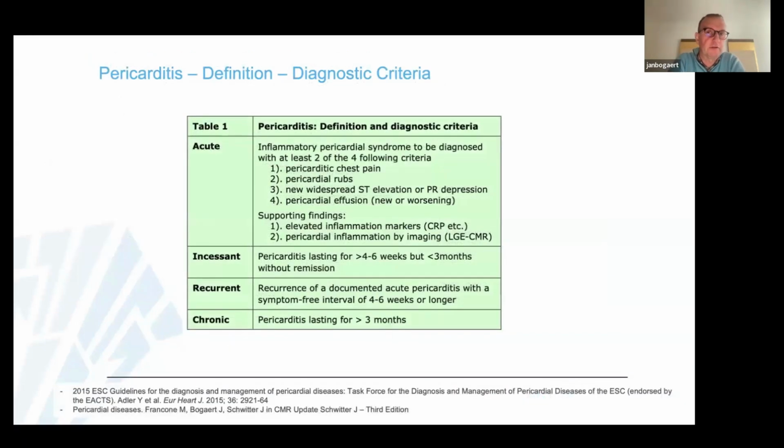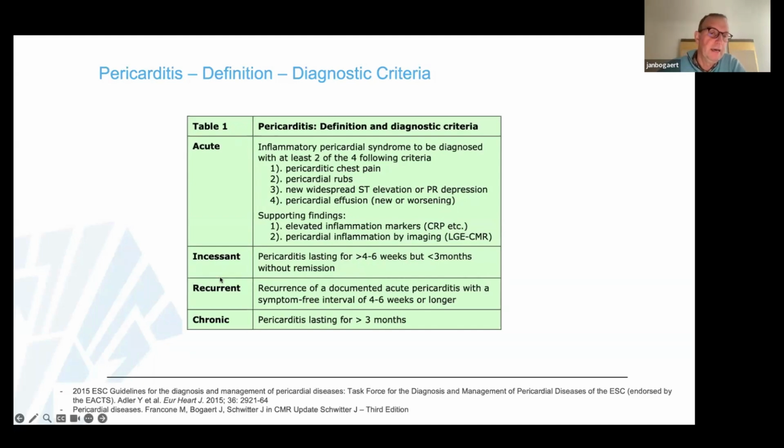If you look at the diagnostic criteria for acute pericarditis, you should have at least 2 of 4 criteria. Patients present with pericardial chest pain, pericardial rubs, ECG abnormalities, and a new or worsening pericardial effusion. Supportive findings are an increased CRP and, as the CMR marker, the presence of enhancement reflecting pericardial inflammation.